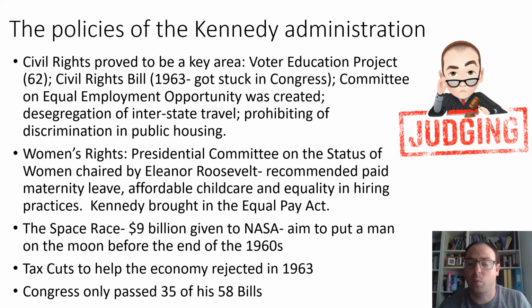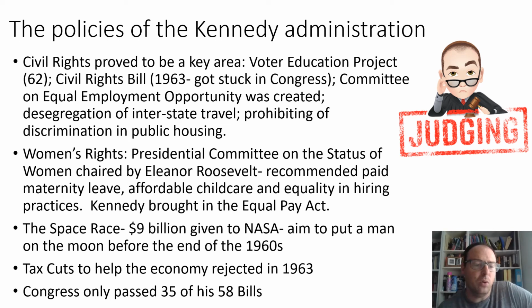In the space race, we see some significant money here. So $9 billion is given to NASA with the aim of putting a man on the moon before the end of the 60s. And during Kennedy's time in office, some men were put into space. Kennedy wanted to stimulate the economy through tax cuts in 63, but this again was rejected by Congress.